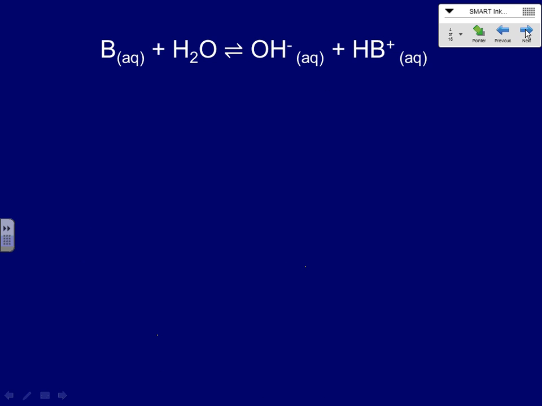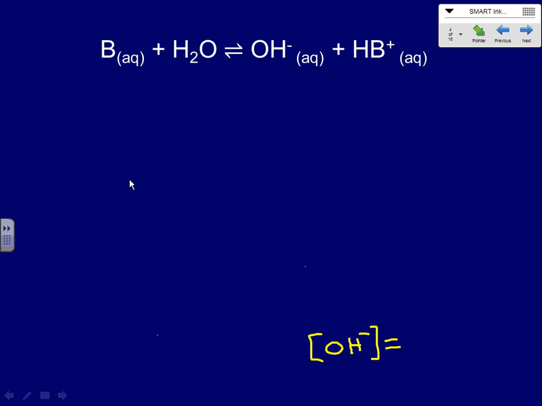Let's now derive a base buffer. And you know what? It's exactly the opposite, which helps you in memorization. Let's see if we can come up with the OH minus equation by looking at our acid buffer and thinking of the opposite acid-base scenario.